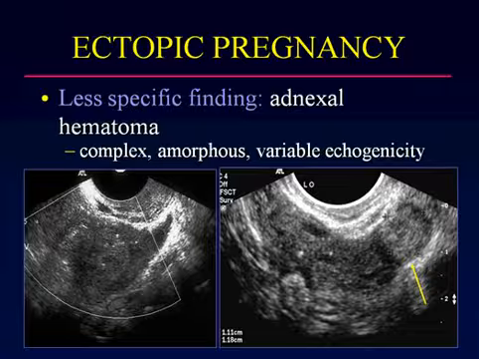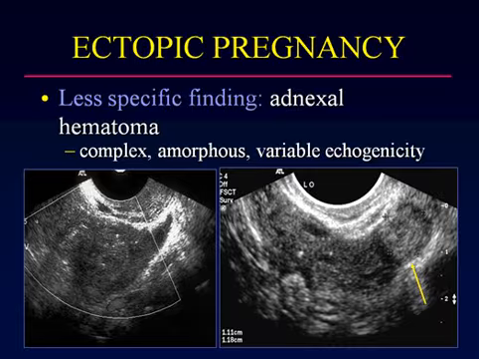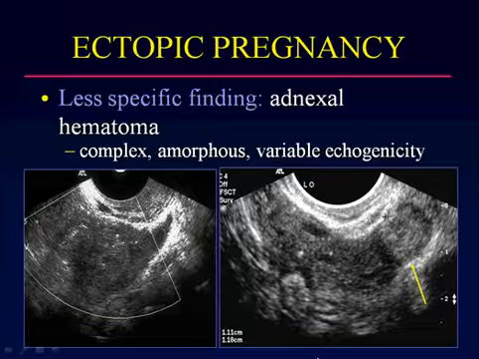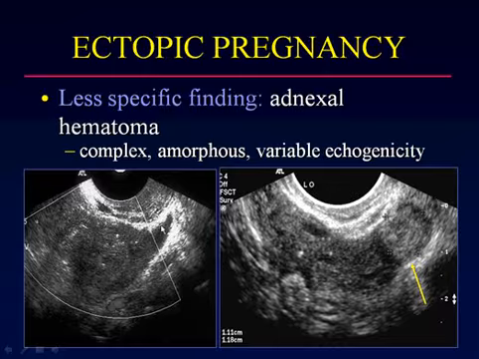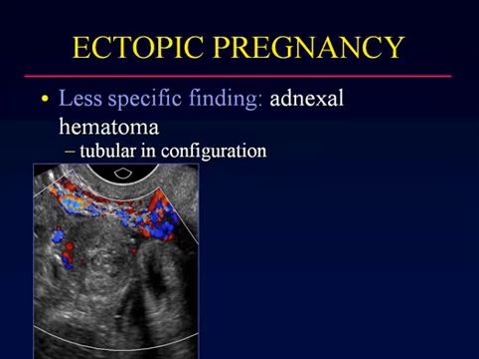So these adnexal hematomas appear complex, amorphous. The echogenicity can be very variable. The slide on your left demonstrates a relatively hypoechoic hematoma. Again, note those pointed or triangular margins. And on the right, you see a very echogenic hematoma in a patient who's had a more recent episode of bleeding from the ectopic pregnancy.